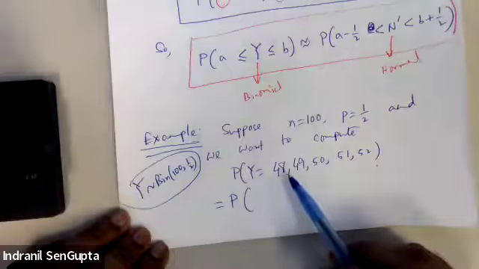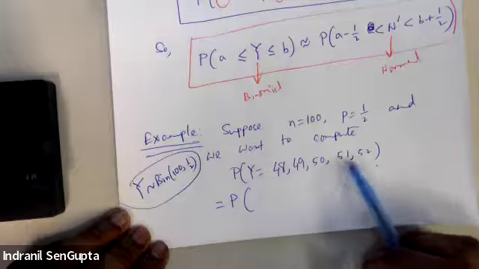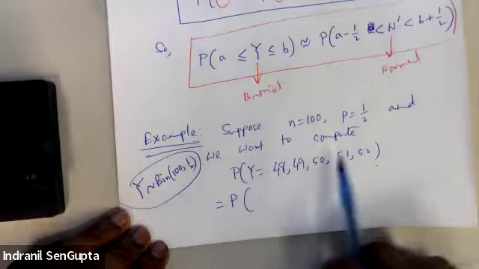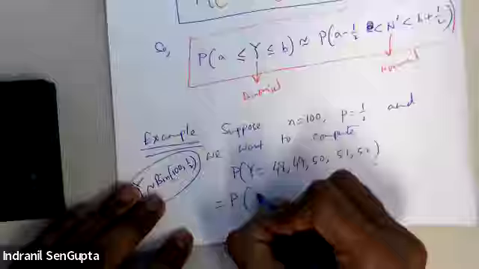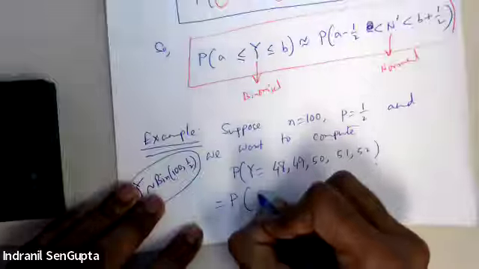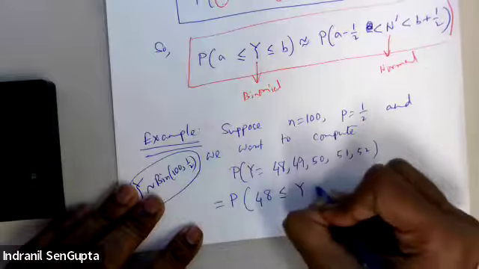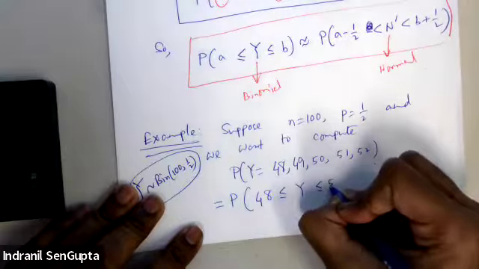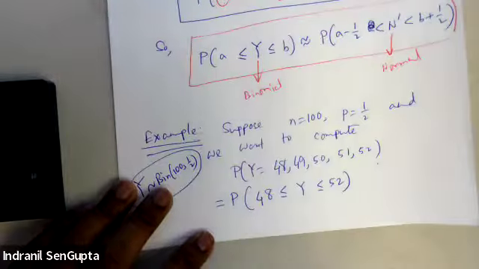So the question is, what is the probability that you will be observing 48, 49, 50, 51, or 52 heads? So now I can write this as 48 less than or equal to y less than or equal to 52, for the binomial case.